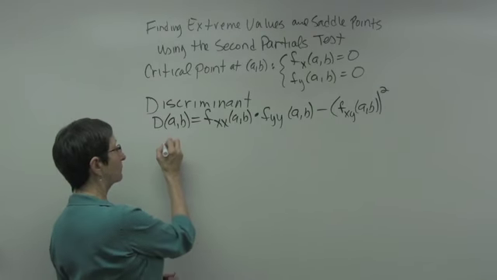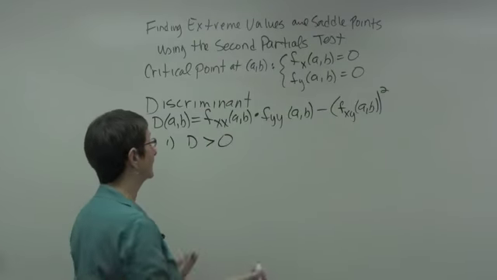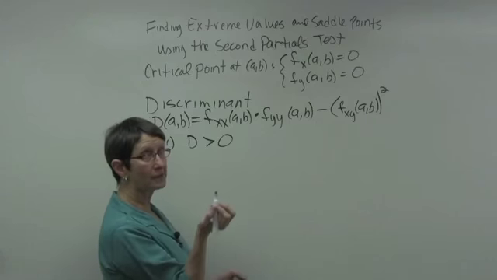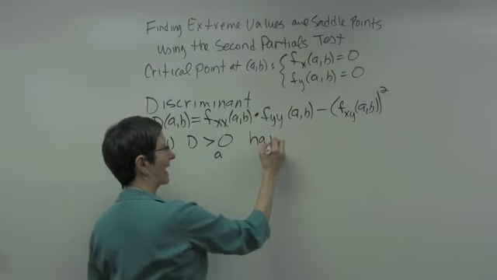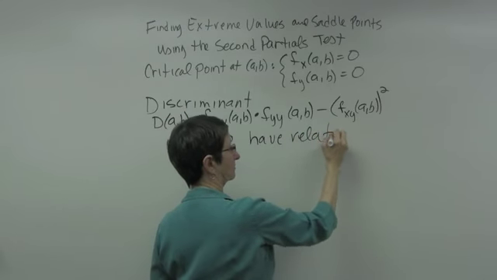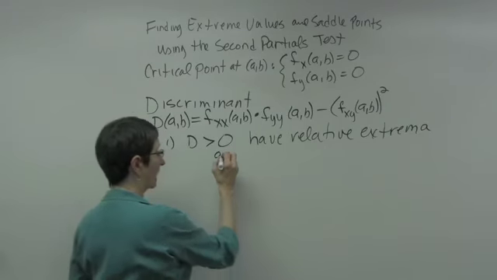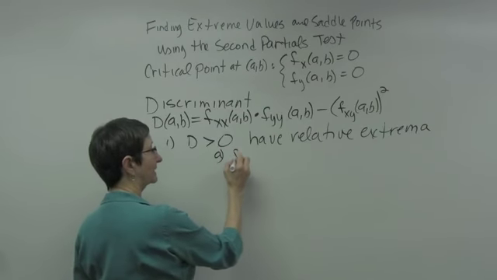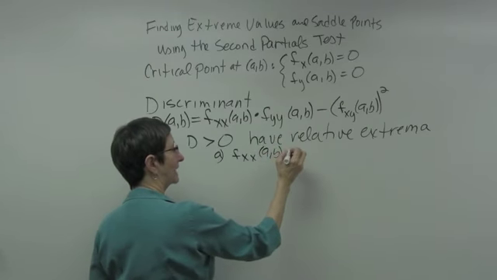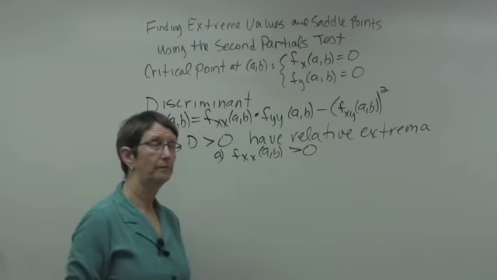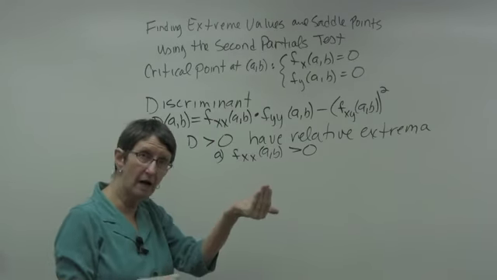So first of all, our first possibility is that D is positive. There are two parts to that. If D is positive, we have relative extrema of some sort, max or min. First, if the second partial of x at that point is positive, think back with concavity. If the second derivative is positive, your function's concave up.